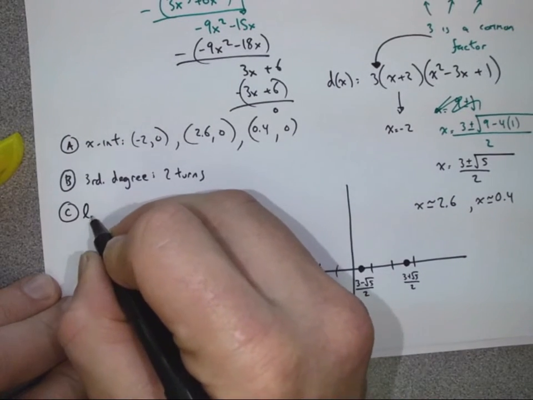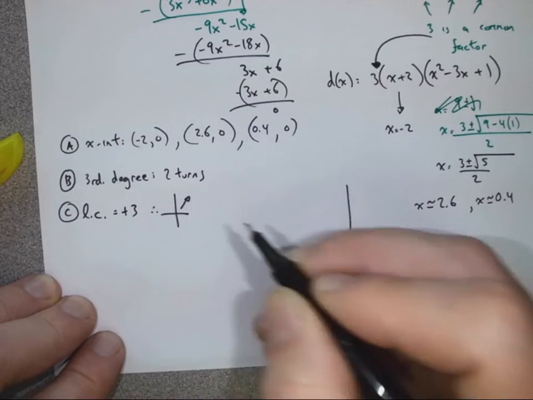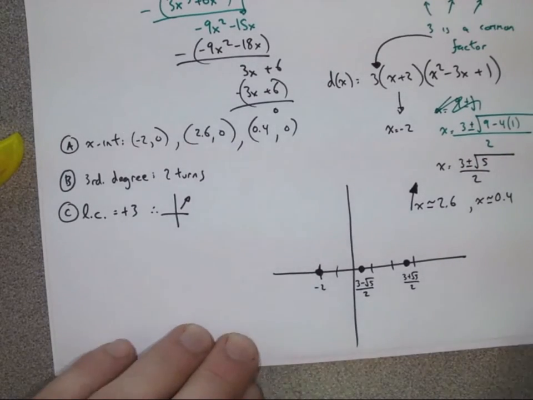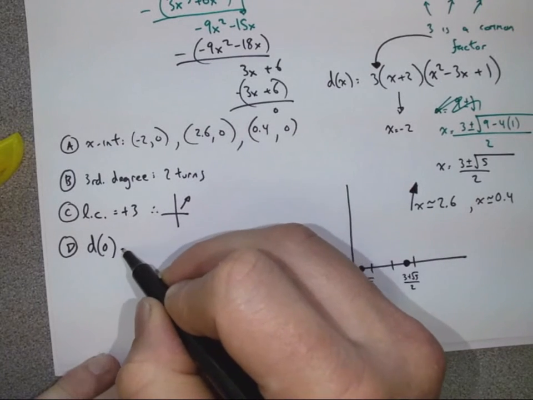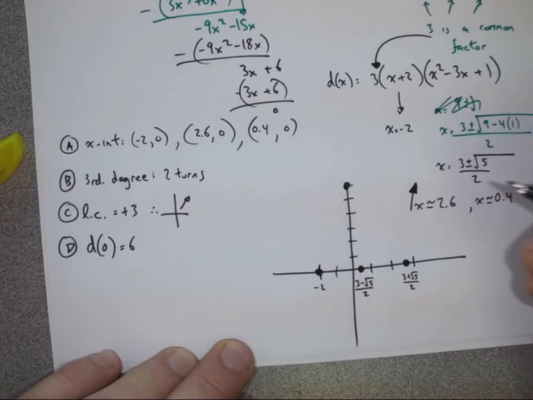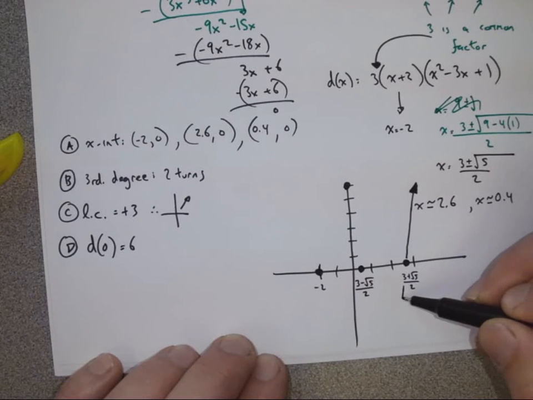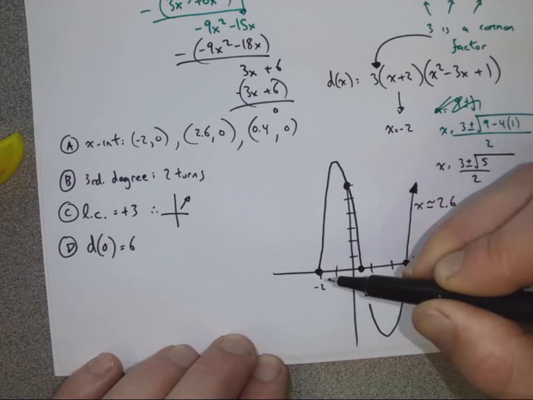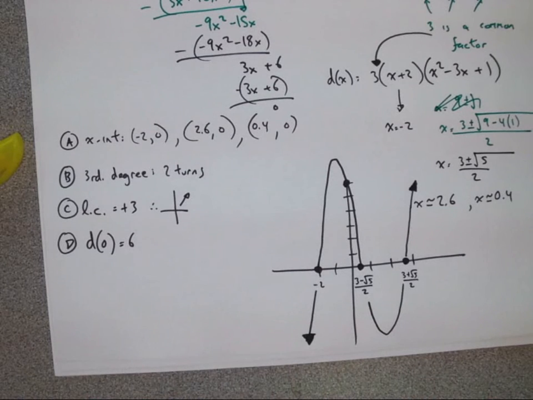I know my leading coefficient is +3, so therefore it's going to be finishing upward like that, so it's going to move up like so. And lastly, I'll find my y-intercept, which is pretty easy. My d of 0 just gives me 6. So 1, 2, 3, 4, 5, 6. All right, there's no multiplicity, so I can just go ahead and sketch. And we get a graph that looks something like that.